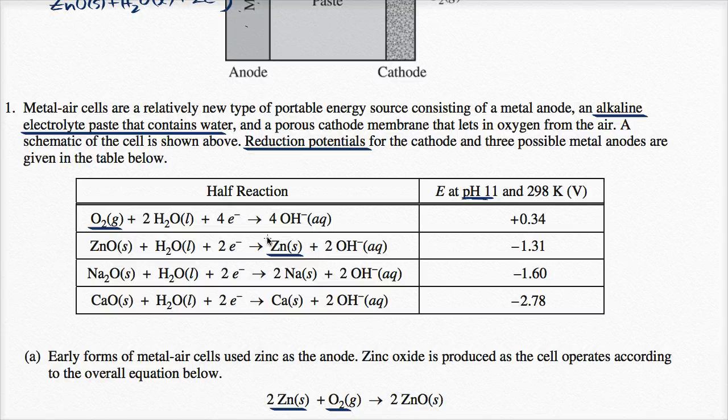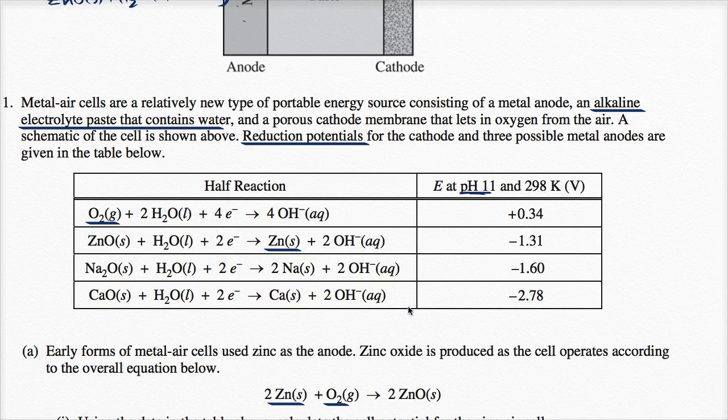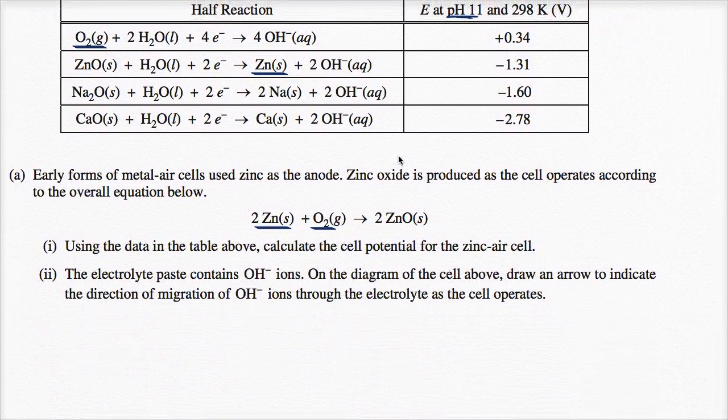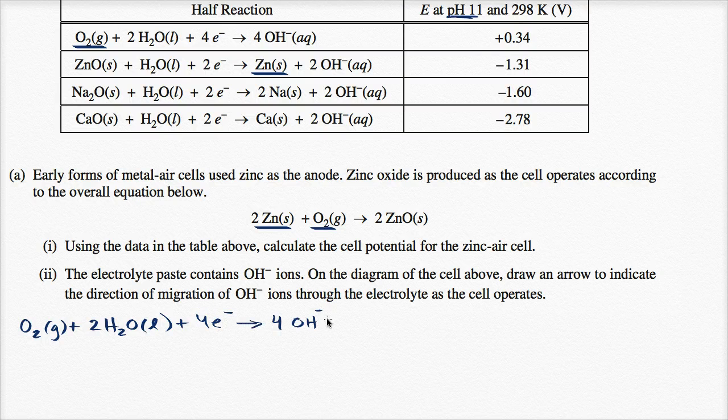And so if you were to turn the second reaction around like we did before, let me rewrite both of them a little bit lower right over here. So you have this top reaction: O2 in the gaseous state plus 2 H2O liquid plus 4 electrons yields 4 hydroxide anions in an aqueous solution.